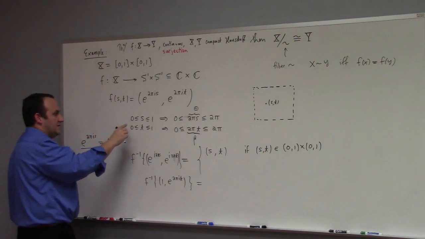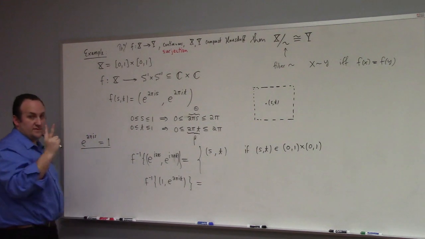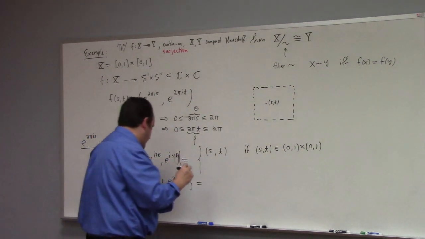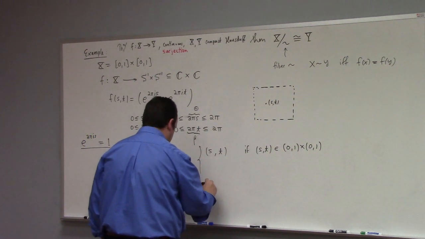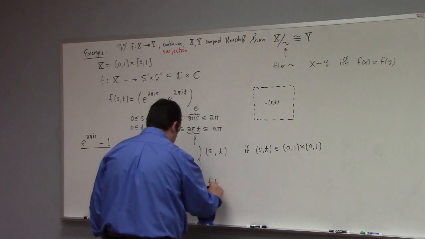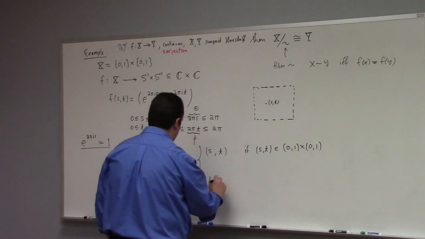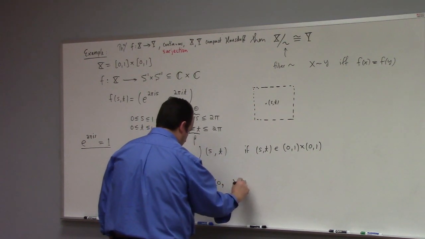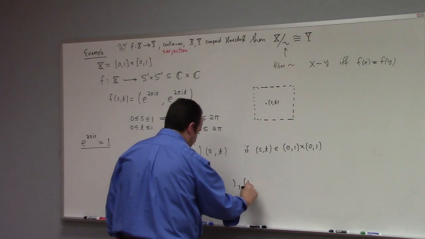It is stuck between 0 and 1. So we have two choices: s equal to 0 or s equal to 1. And so this is the set s equal to 0 or s equal to 1. And what's the t?